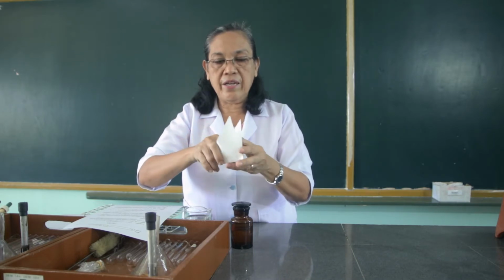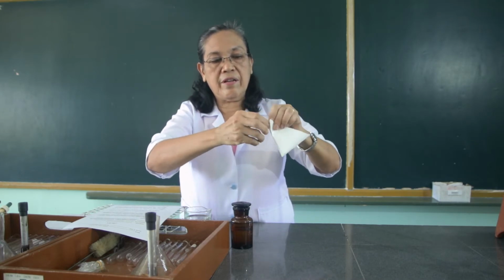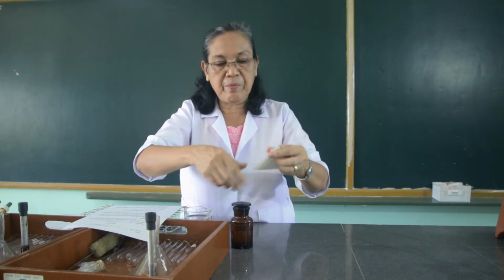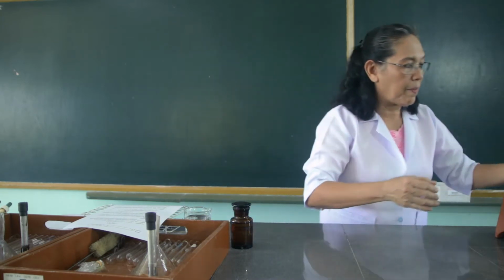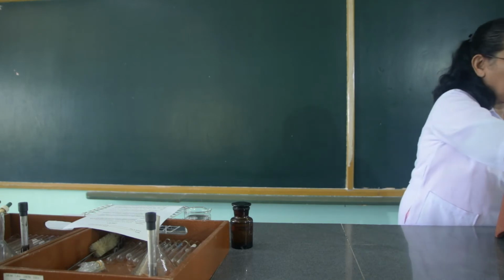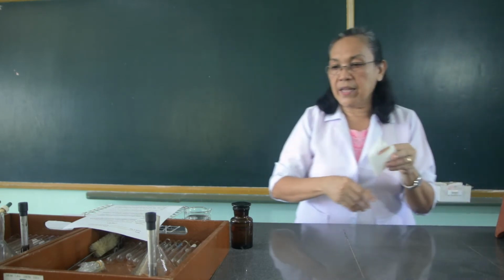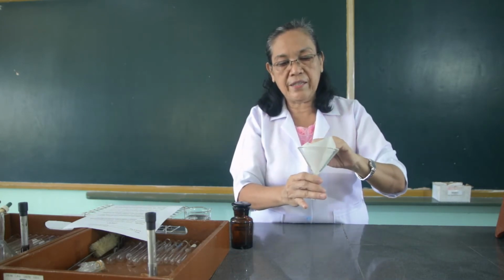Then you are going to cut a little at the corner. Then before it is being used, we have to wet this with water. Then place this into the funnel.